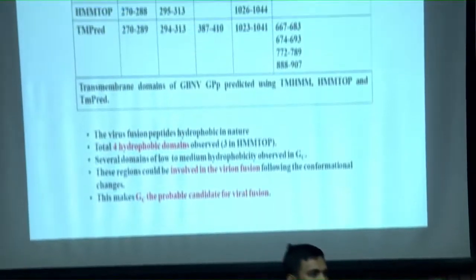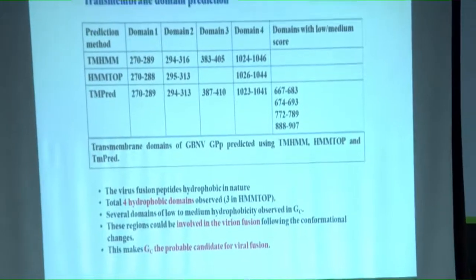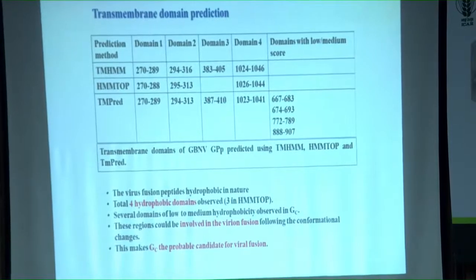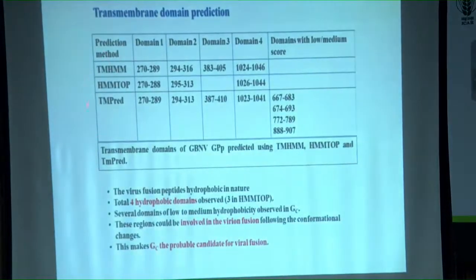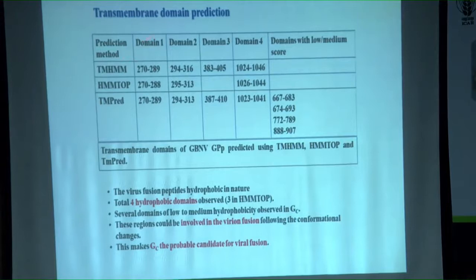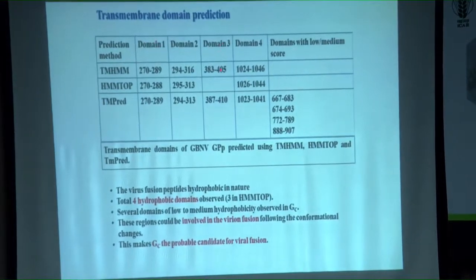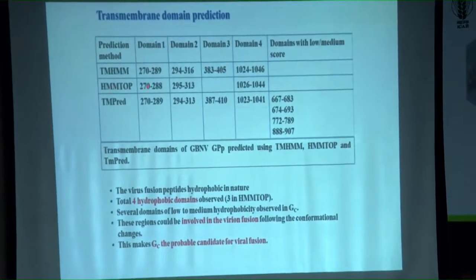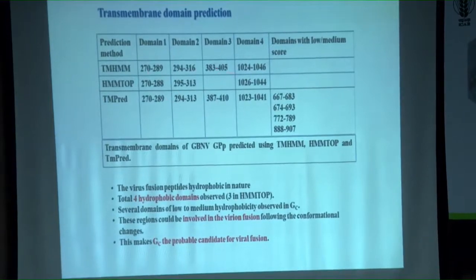So based on this software, this is why I am always telling you that in silico analysis, computational analysis, is a prediction only, because you see the outputs of the three software. There are three domains by HMMTOP, and four domains by this software, and there are several domains by TMPred.